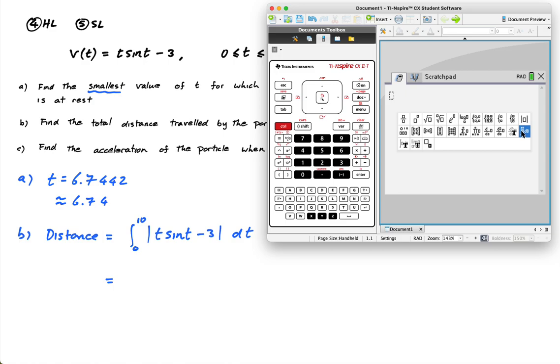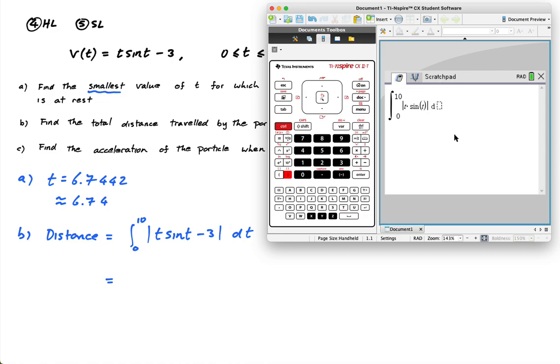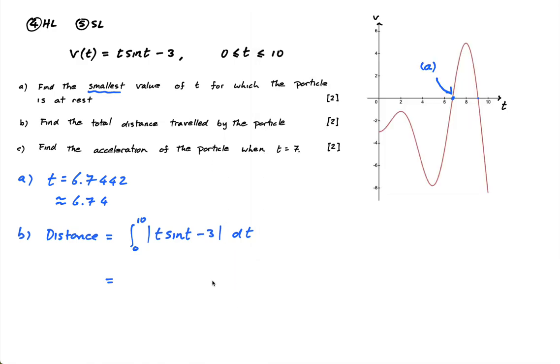So the integral is this, from 0 to 10. The mod is this, we're in radians. We want to be in radians. I can use t here, guys, if you want. t times sine of t minus 3 dt. Press enter. 37.0969, which is approximately equal to 37.1.